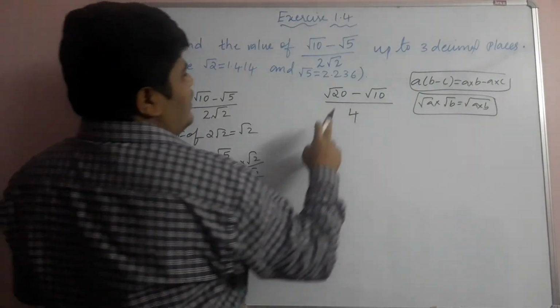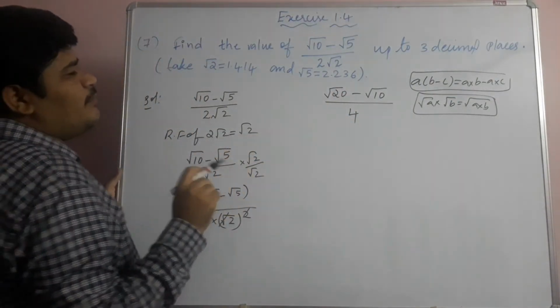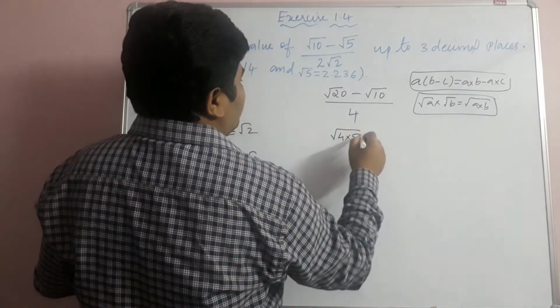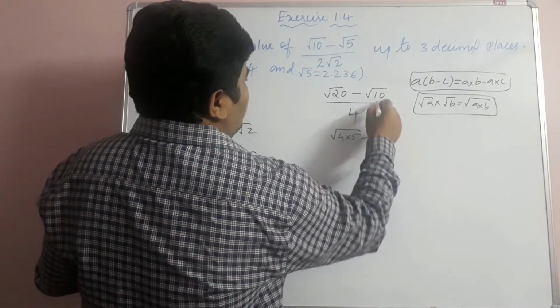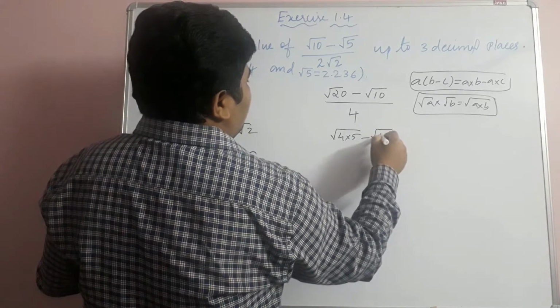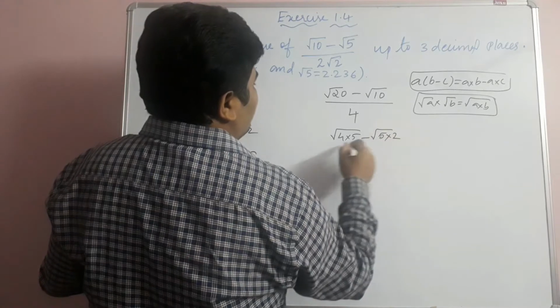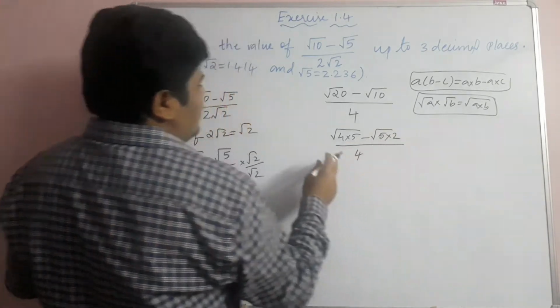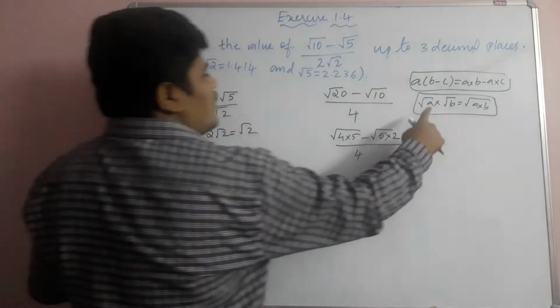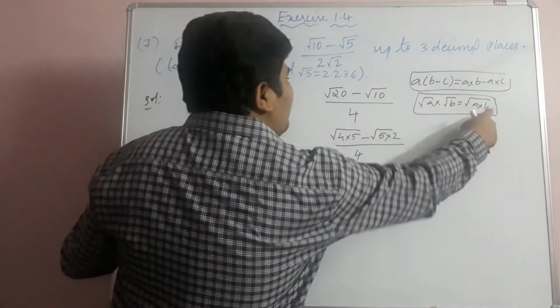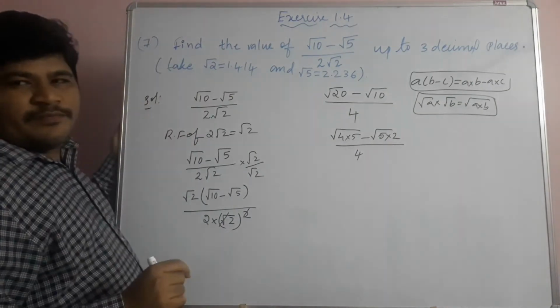Now students, see, root 20 can be written as under root of 4 into 5, right? Minus root 10 can be written as root of 5 into 2, and by 4. So students, here if root a into root b is equal to root of a into b, root of a into b can be written as root a into root b, no?